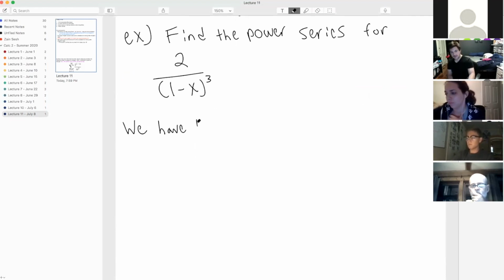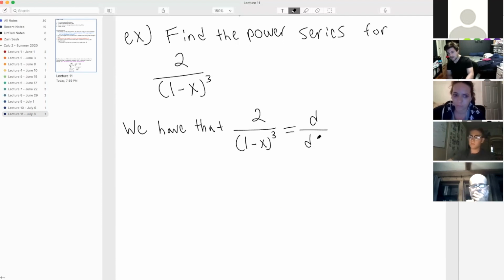We have that our original function that we're given, 2 over 1 minus x cubed, is actually the derivative of the example we just did previously, 1 over 1 minus x squared.